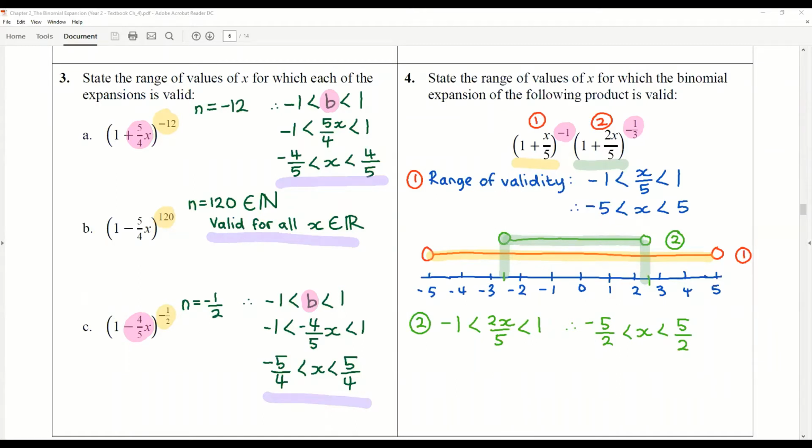So the range of validity overall has to be the strongest restriction you can get from both of these, which is that one. All right, and we've finished.